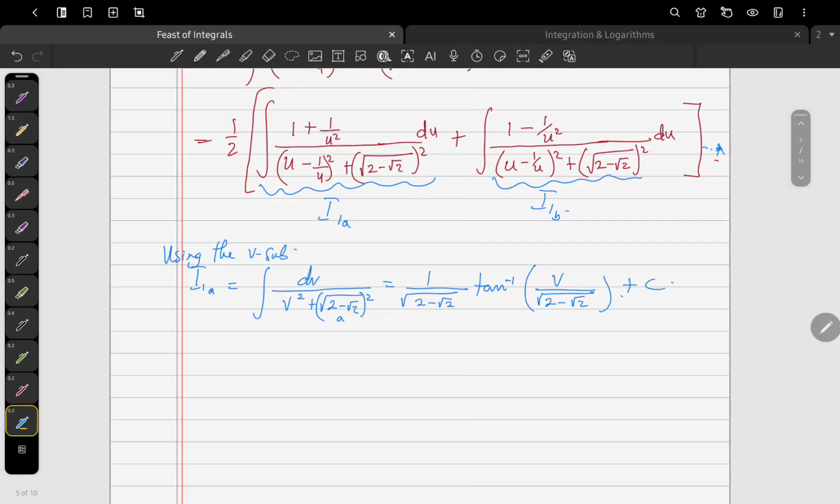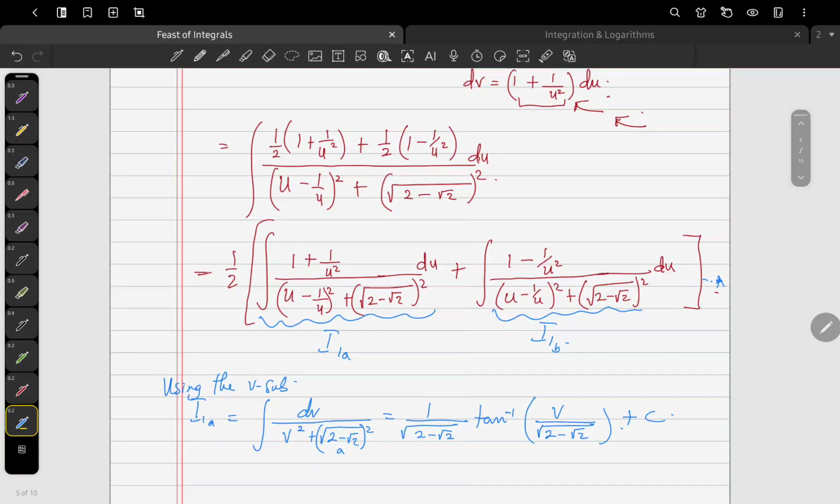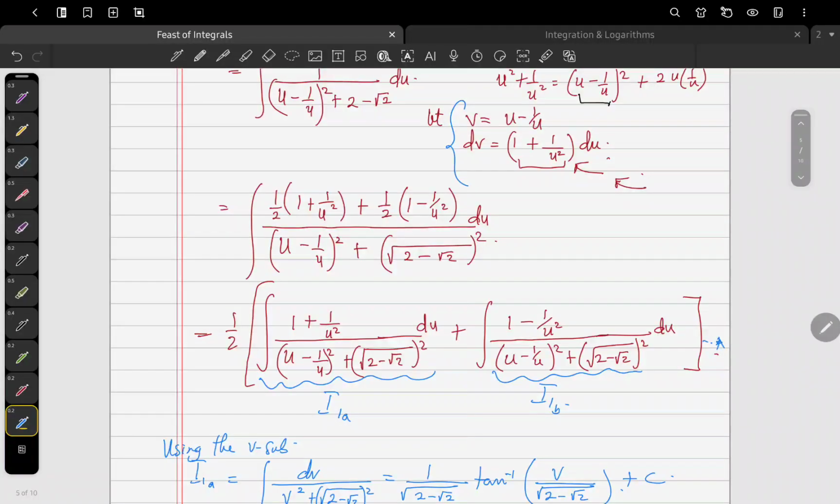What about our I1b? That one is a bit special because we cannot use the same substitution we used for I1a. So this works for I1a because the numerator is 1 plus 1 over u squared.